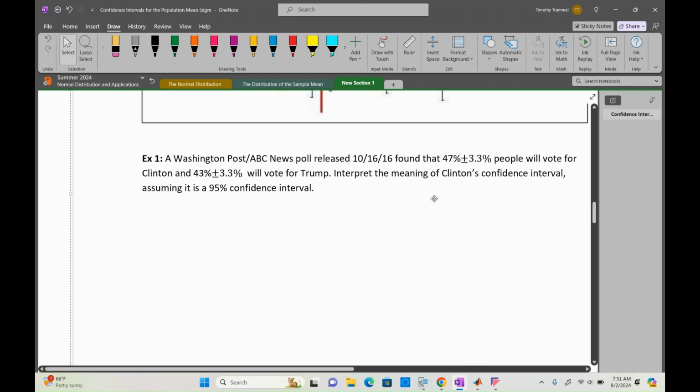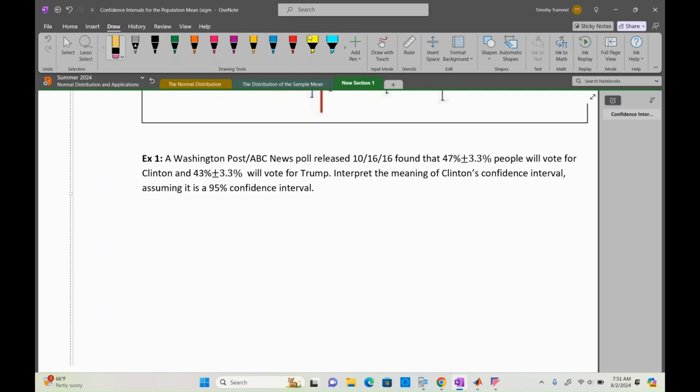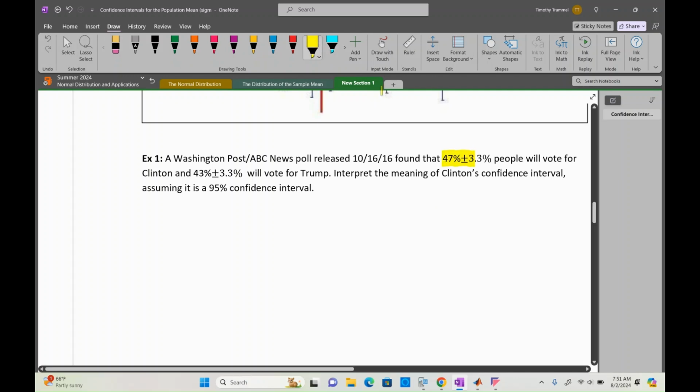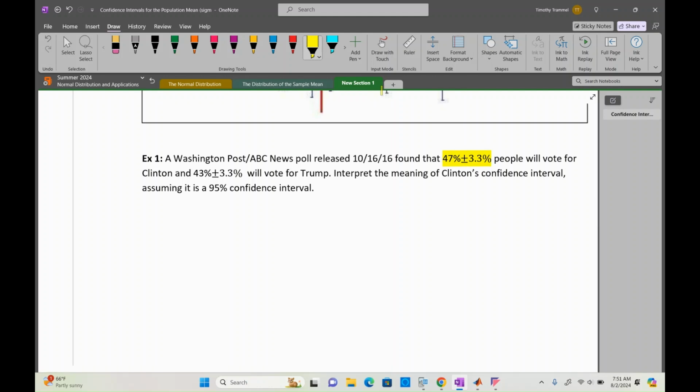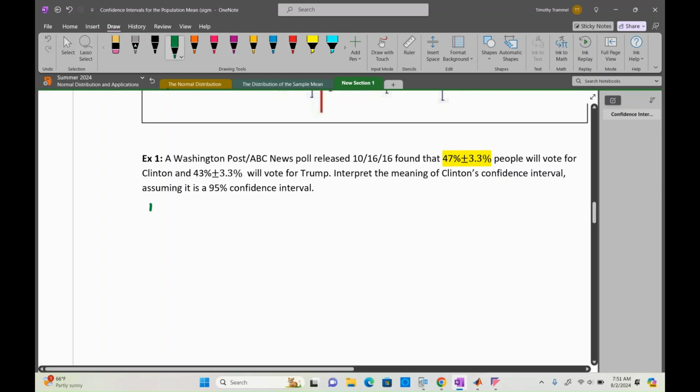But here would be the idea. So if we are talking about Clinton here, we are working with this confidence interval. And yes, I am calling this a confidence interval. So it could be written like this. But it might be nice to know what the lower and upper bound are. So I can find those.